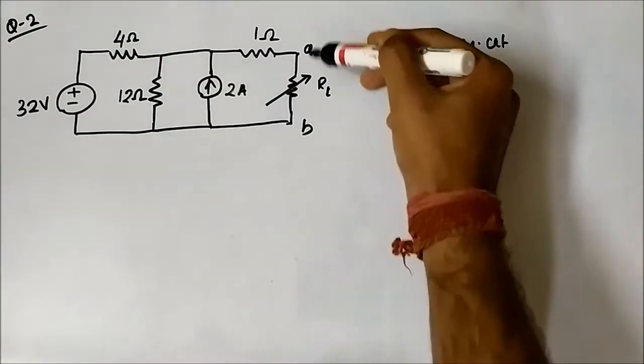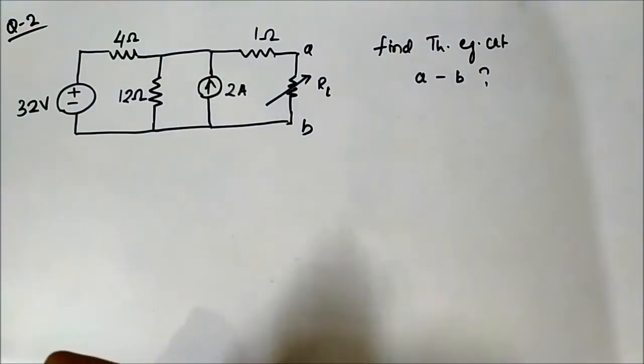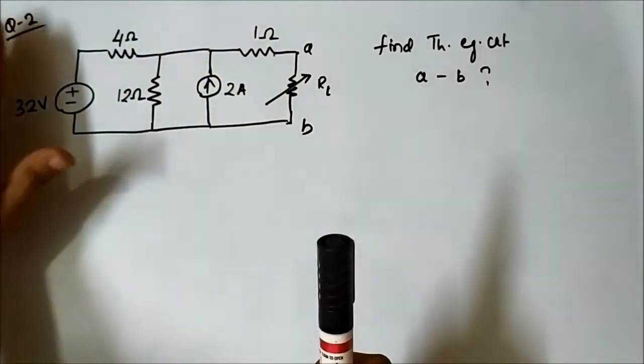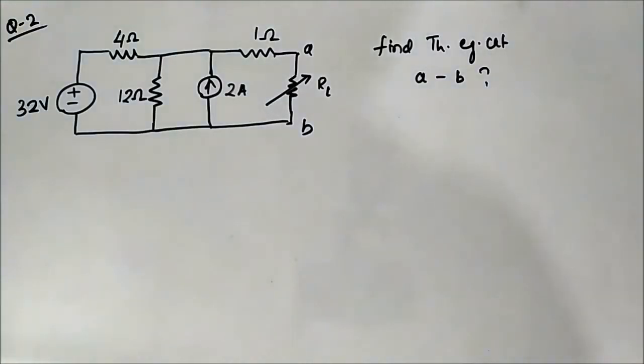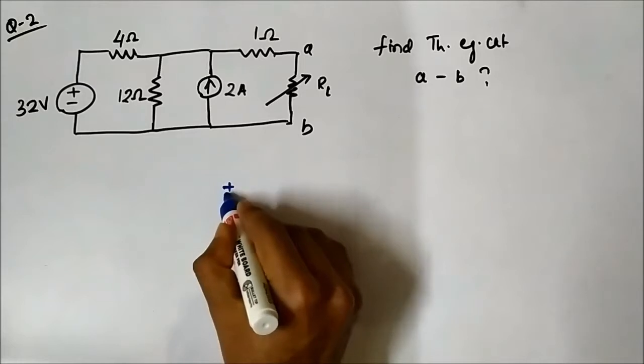Okay, across these 2 points we have a variable load resistance, so we have to determine the Thevenin equivalent circuit of this network across these 2 points. Okay, so let us do that. So again, let us redraw the circuit.